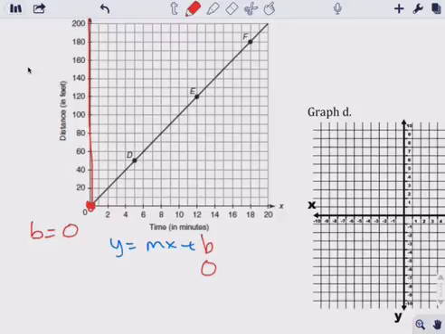Choose the ordered pair. This is 5 minutes and 50 feet. The other one you want to choose is 12 minutes and 120 feet.